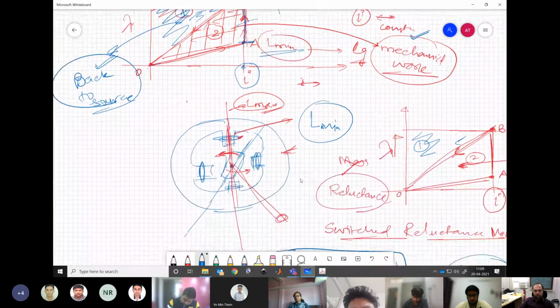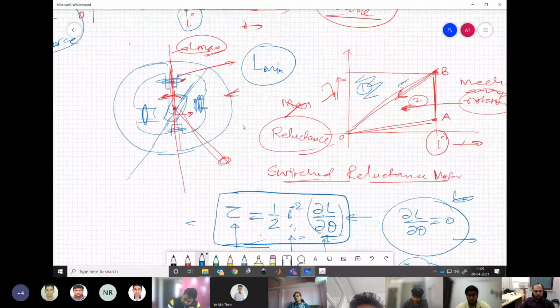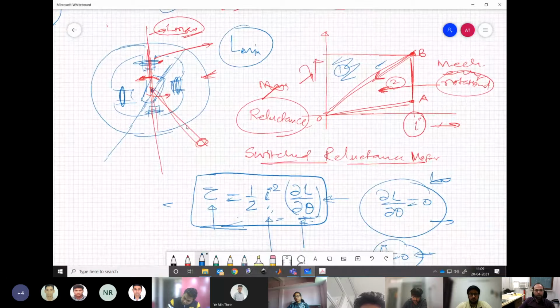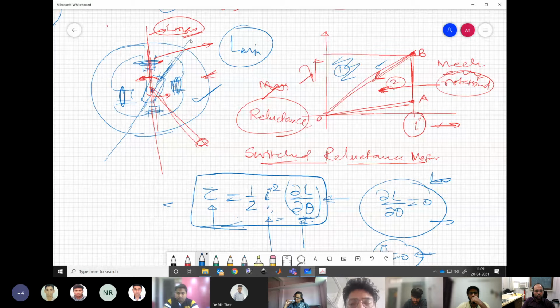So this thing we tried to realize in a rotation kind of arrangement, where we can have a motor with a fixed stator and a piece of magnetic material which can move. So if we have, let's say, 4 poles on the stator and 2 poles on the rotor, this will also have a similar kind of tendency.